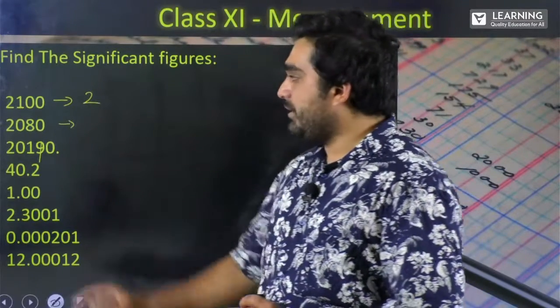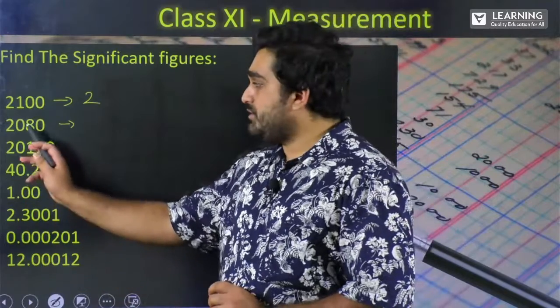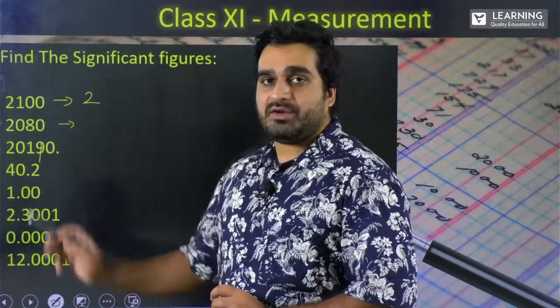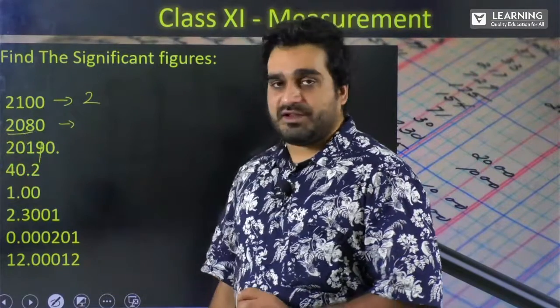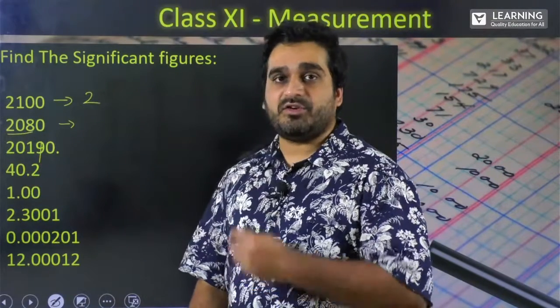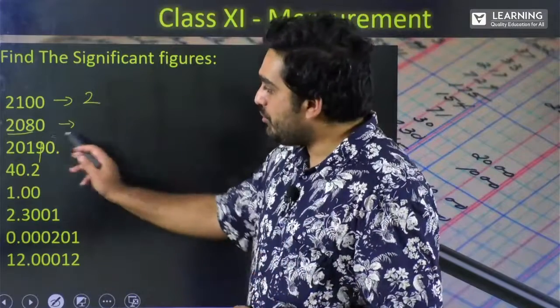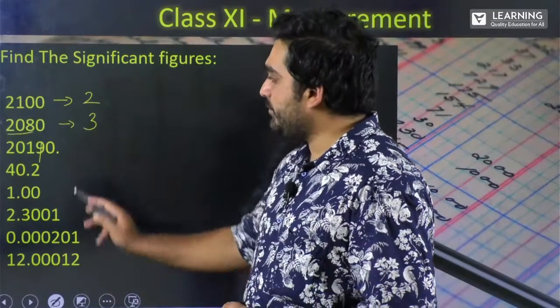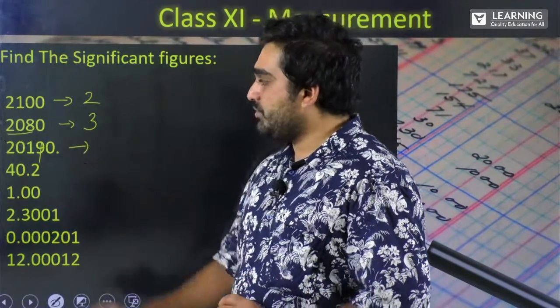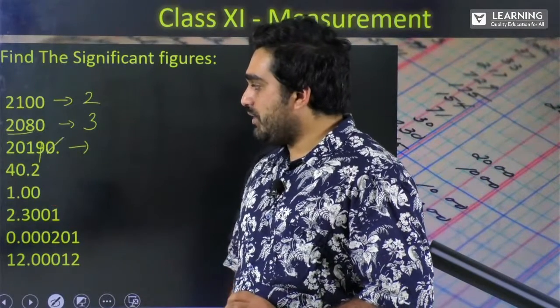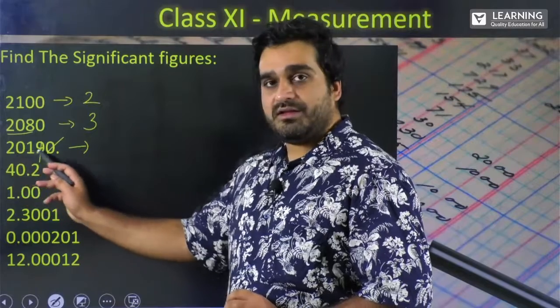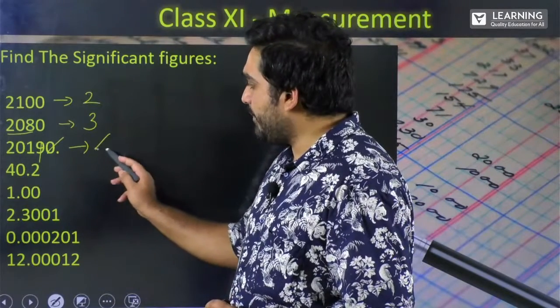How about this one here? This 0 is in between 2 and 8, which are non-zero. So you have 3 significant figures and 1 trailing zero, which we ignore. So total of 3. How about this one? 1 trailing zero, eliminate that one, and the remaining is just 4.